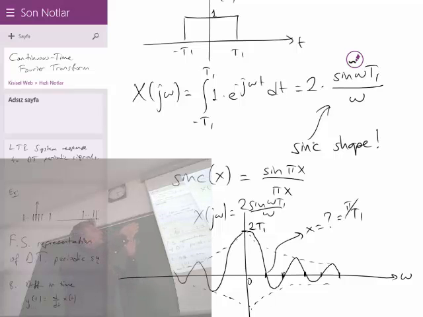So if t1 is increasing, if the original rectangular time domain signal is wider, then this sync shape is even more squeezed. And conversely, if t1 is smaller and smaller, this sync shape will be wider and wider.